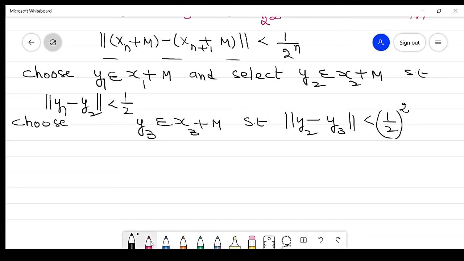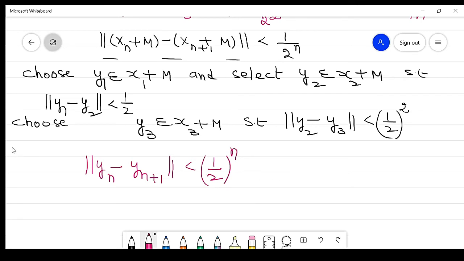Then the next terms y4, y5, and we continue the process. So we get, at the nth place, yn minus yn plus 1 less than 1 by 2 raised to power n. Remember this. So y3, y4, continue the process in this way.